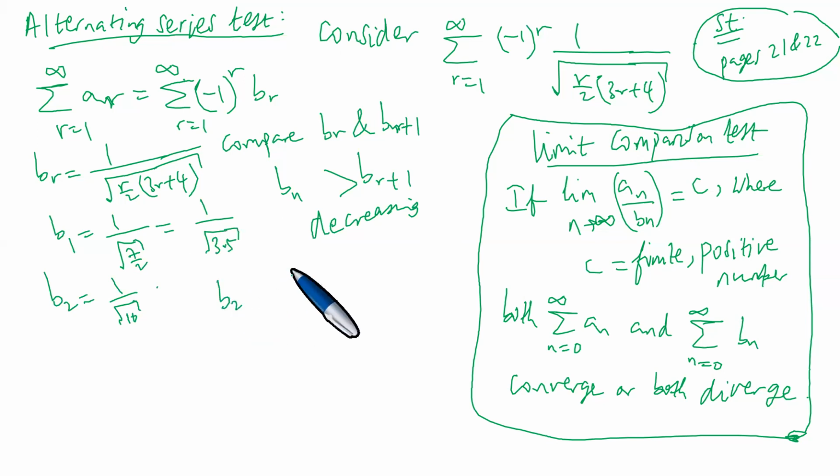So if you compare B2 and B1, which one is bigger? Right. So obviously you can see that this B2 is going to be smaller because the denominator is very big, bigger than this. So it means it's decreasing.